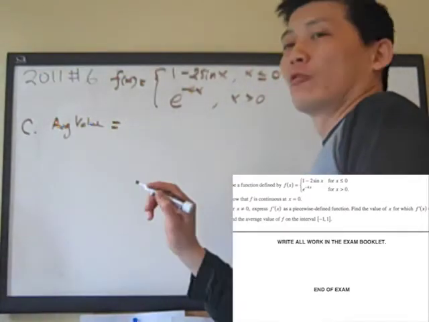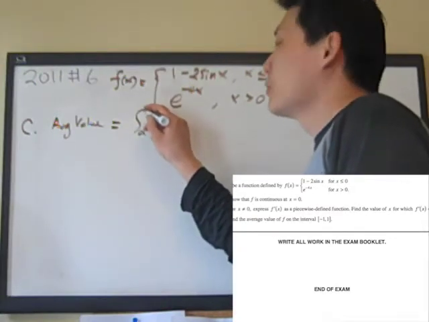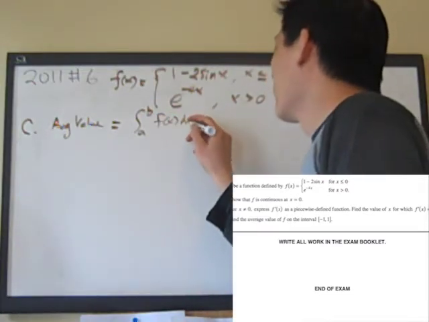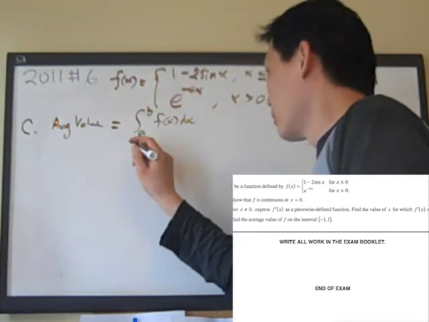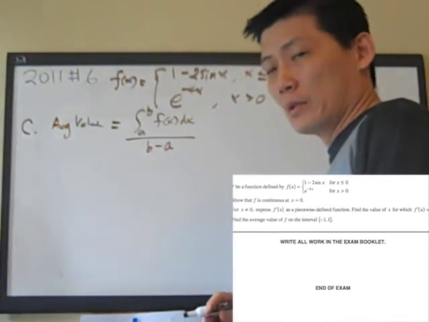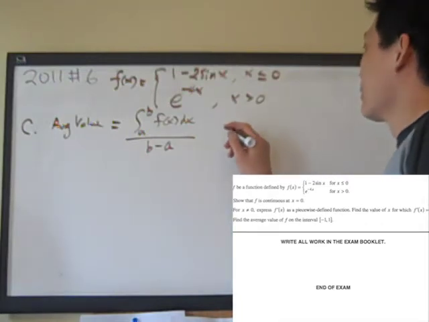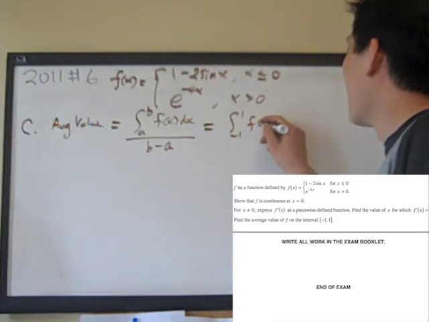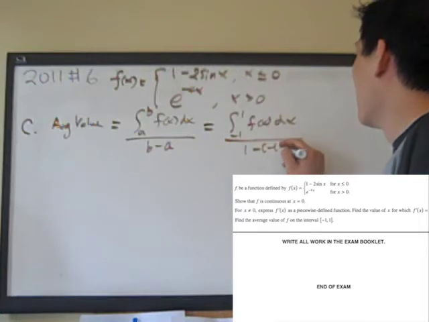Every time we're talking about average value, we are saying the integral from one boundary to another, a to b, of that function f of x dx, and we divide that definite integral by the domain, b minus a. So today we're going from -1 to 1, f of x dx, divided by 1 minus -1.